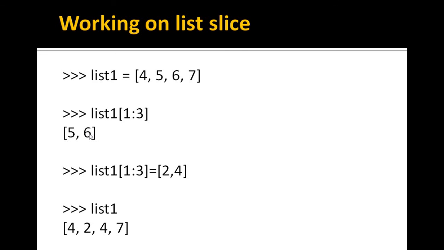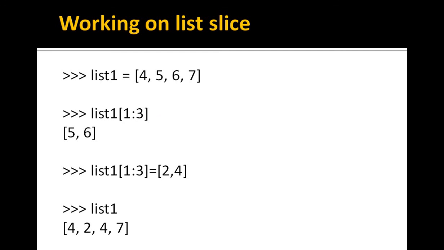When it is given 2, 4, it changes the values at positions 1 and 2. So after running list one, again you get the list that has changed values at positions 1 and 2. We have now 2 and 4, while earlier it was 5 and 6.